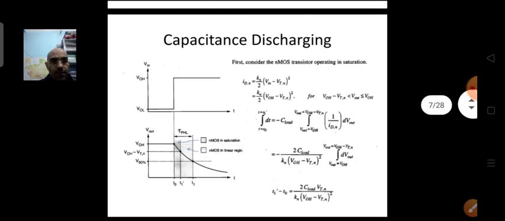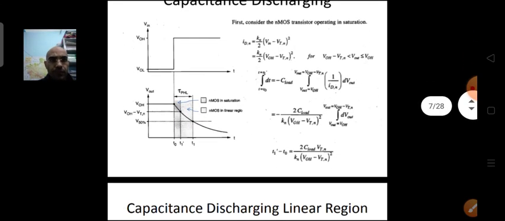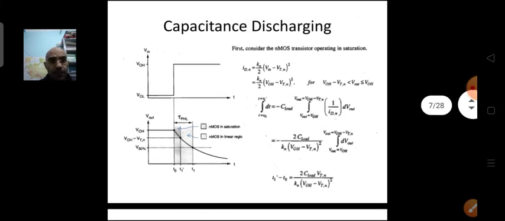Now keeping this in mind, let's see the equation and the regions in which the circuit will operate. So let's jump into the details. You can see the input waveform in the upper graph. VOL is your initial input, and later on it becomes VOH.